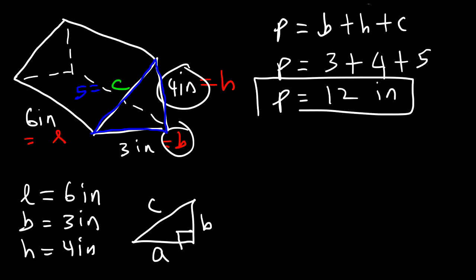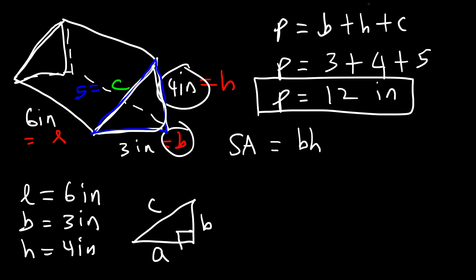Now that we have the perimeter, we can calculate the surface area. The surface area is going to be the area of the base, which simplifies to base times height when you incorporate both triangles, not just one. So remember, it's 1/2 base times height, but there are 2 triangles, so 2 times a half is a whole. So it's going to be base times height, that's the area of the 2 triangles, plus the lateral area, which is the perimeter times the length of the prism.